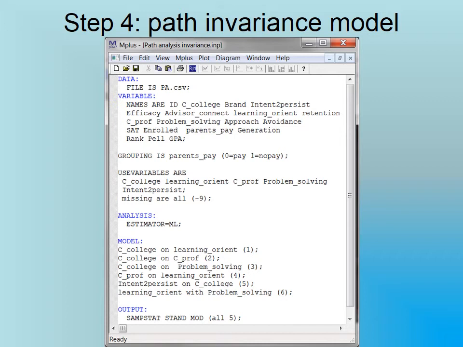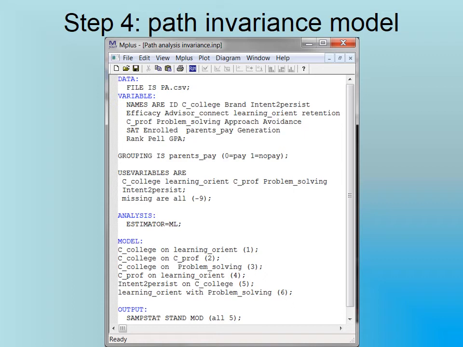So if you had one line and put a 1 next to it, it would make learning orientation, C prof, and problem solving all equal across the groups. So in other words, if your beta was, let's say 0.2, it'd make all betas 0.2, 0.2, 0.2, and then not only are those equal within the sample, but across the sample. So again, it's very important that you have one line per parameter constraint.